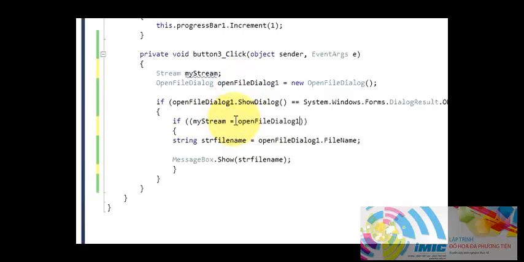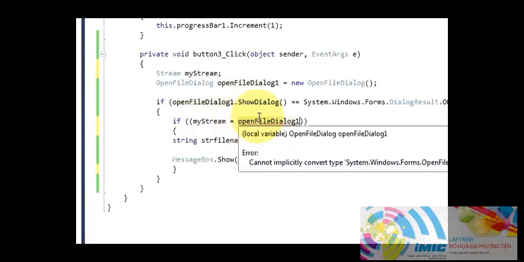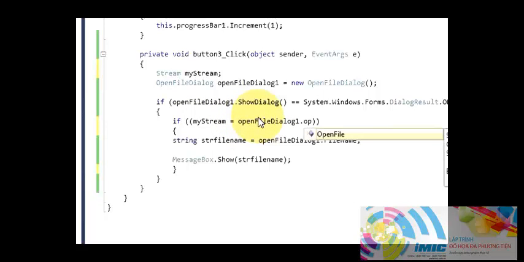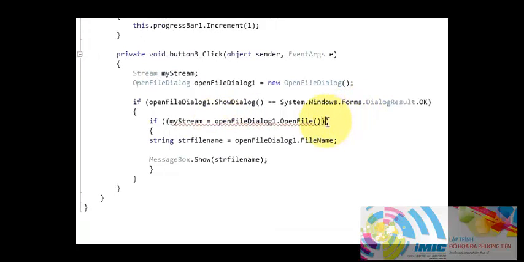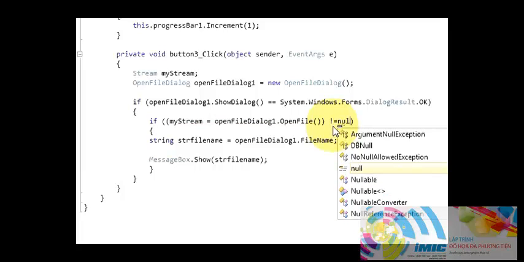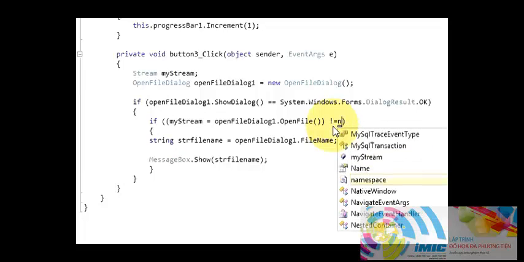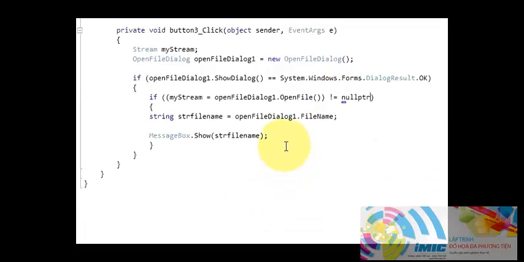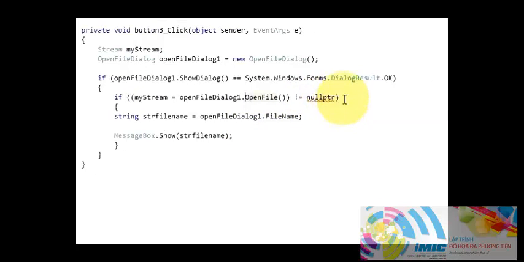So write here openFileDialog dot OpenFile, brackets open and closed, and outside these brackets, after the myStream declaration, write not equal to null.